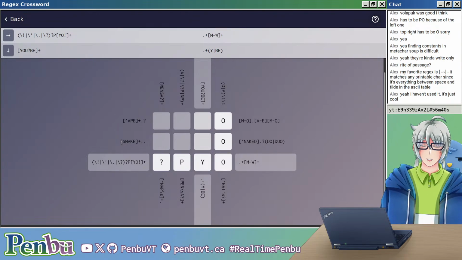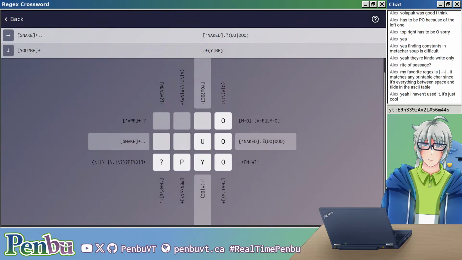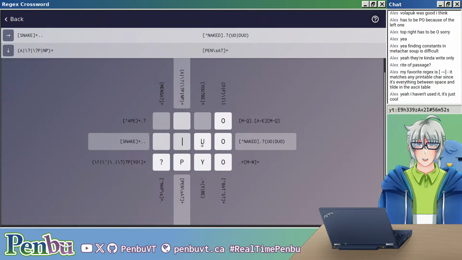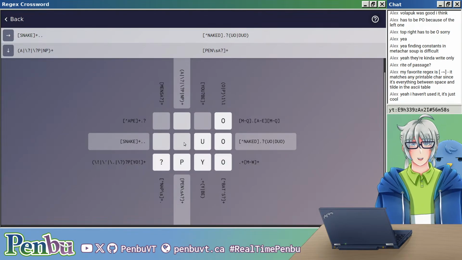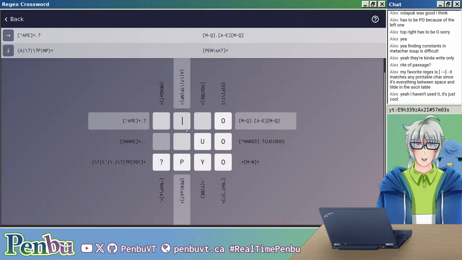Okay, what else do we have? So this is forced to be U because both of these have a U before the O. And that covers the 2 dots here, which means these will be in the characters that are in the snake. I have A, or question mark P, or NP.